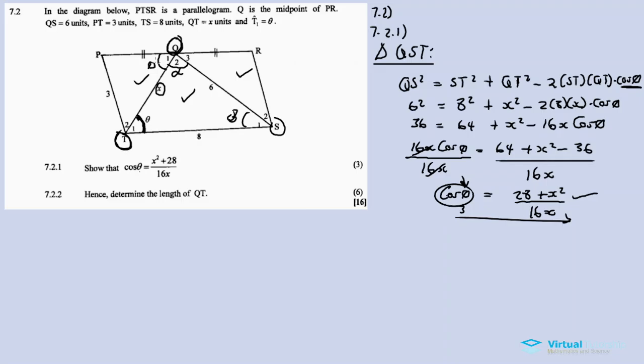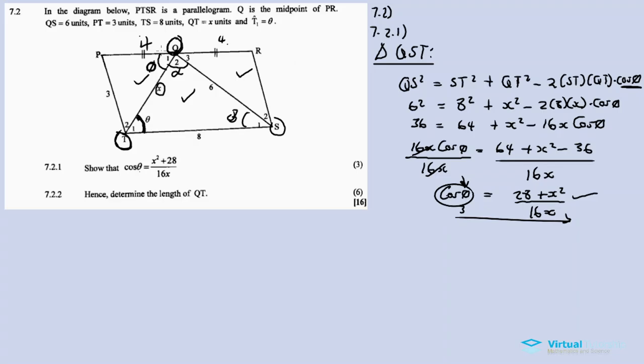So Q1 is angle theta. And then PR has a midpoint at Q. So it means here it is 4 and there it is 4, since the opposite sides in a parallelogram are also equal. Since Q is the midpoint, here it is 4, and there it is 4. Now I have theta, yes, I have theta here, right?